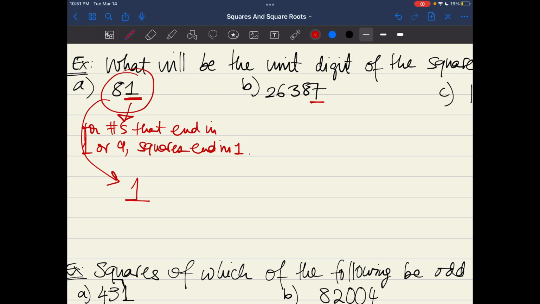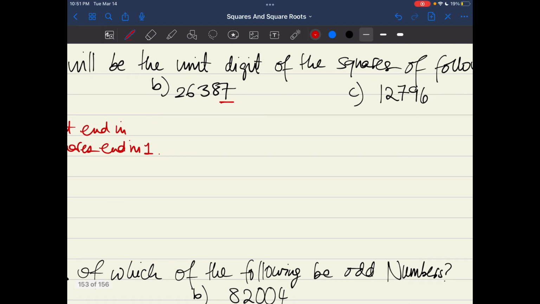Here we have the number at the unit place is 7, right? So let's try to check. So if the number is 7, it's 49. If it is 17, it is 289. If it is 27, it's 729. We keep going, right?